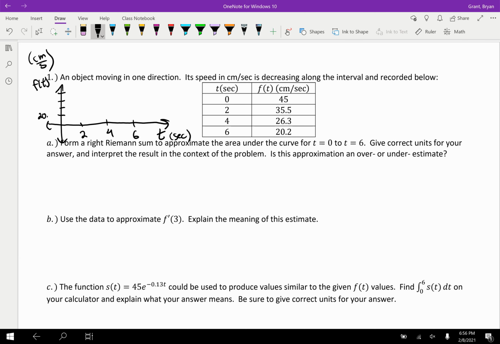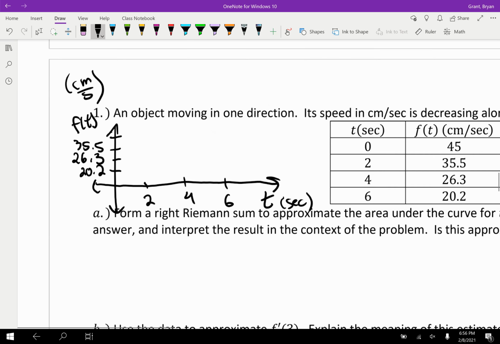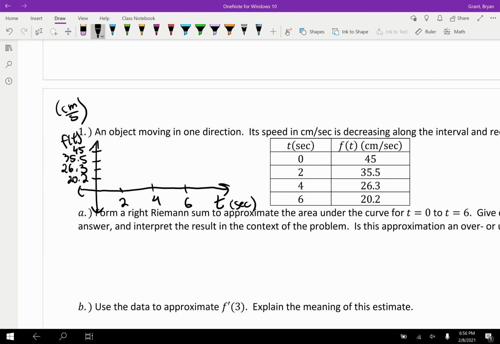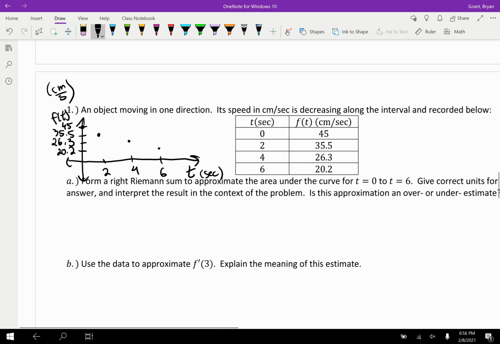We have 20.2, 26.3, 35.5, and zooming in a bit, 45. And we go through and we do this, 0, 45, and this makes sense that it's going down. They told us our speed is decreasing. 2, 35.5, this guy, and then this one. Great. There we go. Form a right Riemann sum to approximate the area under the curve.